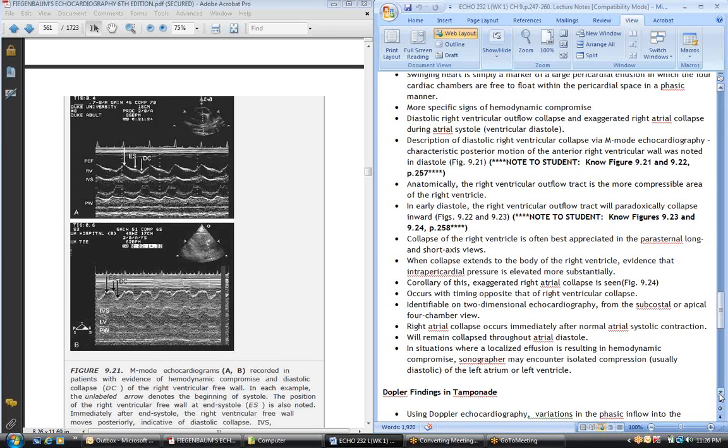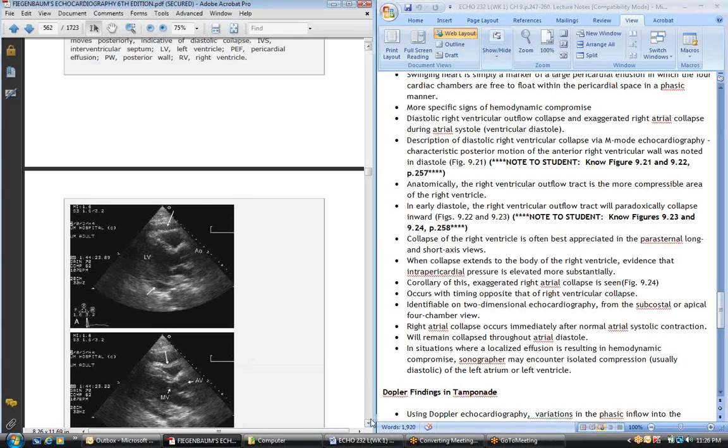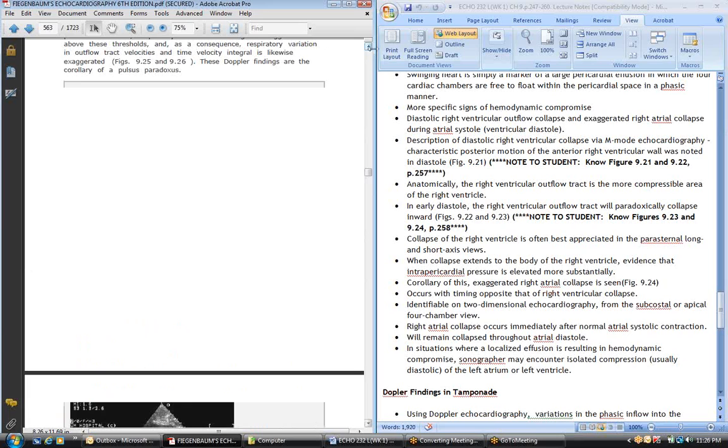Anatomically, the right ventricular outflow tract is the more compressible area of the right ventricle. In early diastole, the right ventricular outflow tract will paradoxically collapse inward. Let's take a look at 9-22 and 9-23.